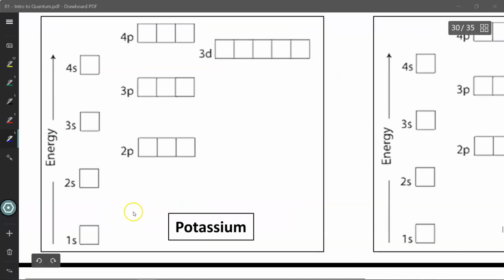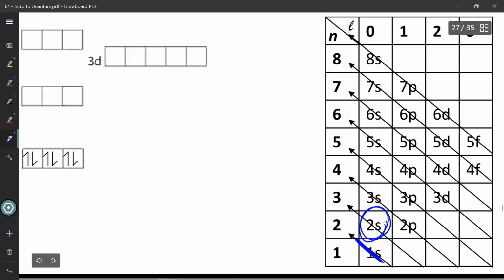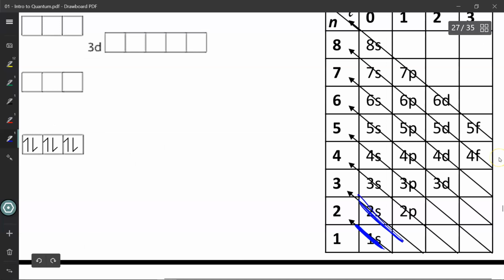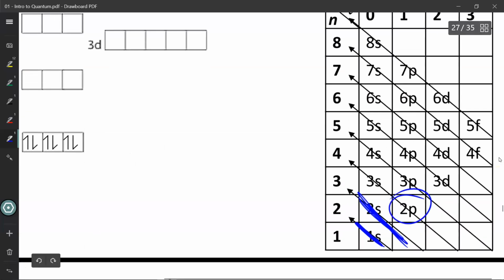So remember the Aufbau principle says we need to start from the bottom and make our way to the top. Then the Pauli exclusion principle says you can't have 2 electrons with the same 4 quantum numbers, so you must have opposite spins. After the 1s orbital is the 2s orbital, so we'll fill that in, and then again with an opposite spin. After the 2s is the 2p.